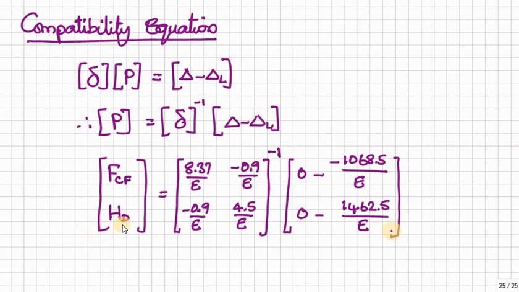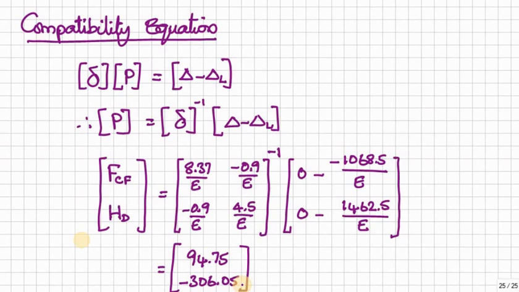And again the second along HD, horizontal direction at D, we have 0 settlement, therefore 0 minus this is the displacement along HD due to external load. Therefore FCF is equal to 94.75 kilonewton, HD is equal to minus 306.05 kilonewton. So minus indicates that HD is actually acting towards the left direction, not the right direction.